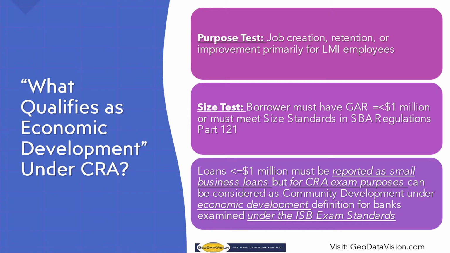All PPP loans for $1 million or less must be reported as small business loans, but for CRA examination purposes, they can be considered as community development under the economic development definition for banks examined under the ISB exam standards.